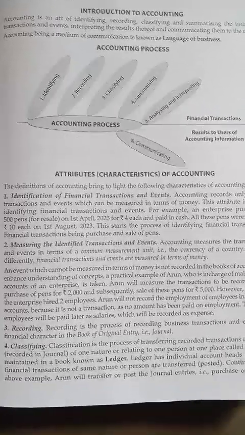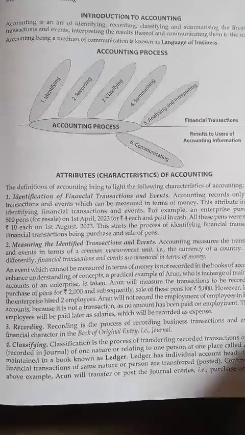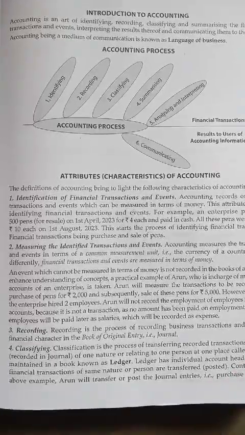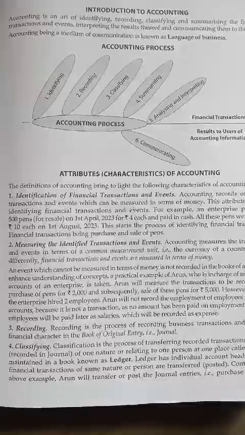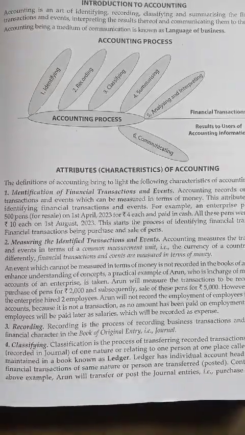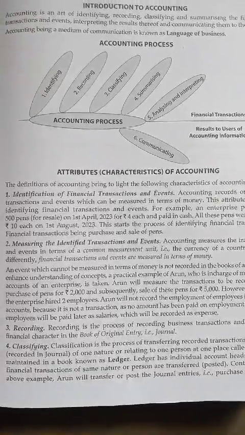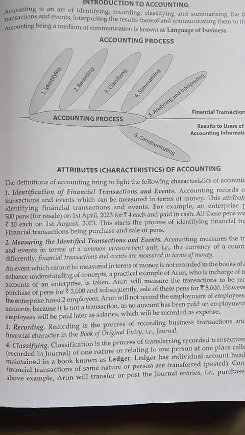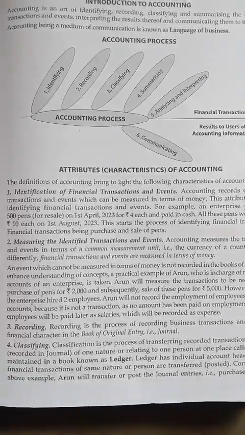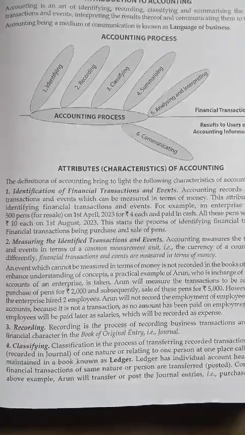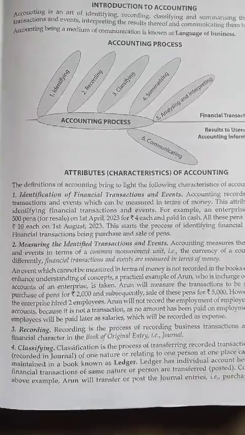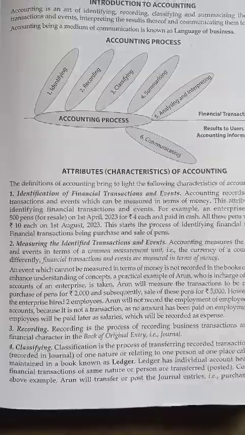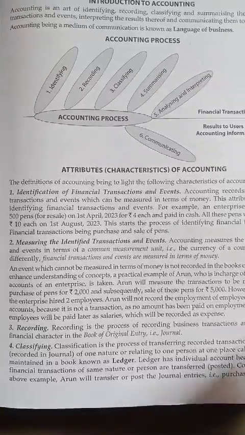Now first of all, in case of the accounting process, we know that accounting is the calculation part which is required to calculate the profit or loss incurred by a business organization. Now, if we want to do accounting, some steps are there.